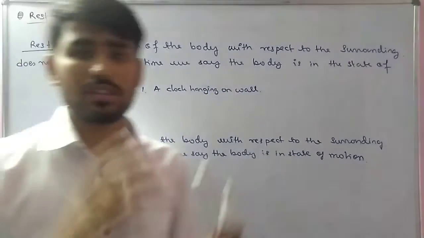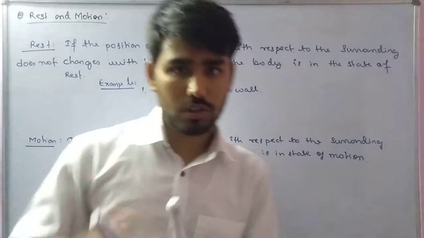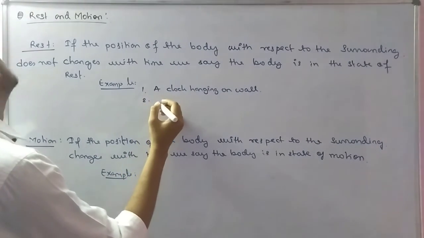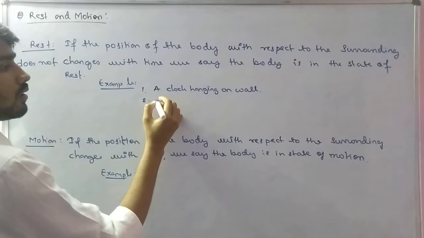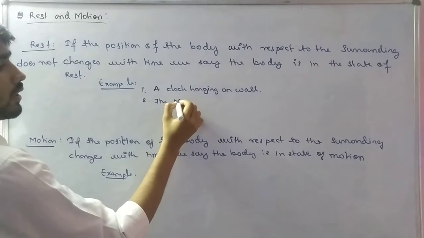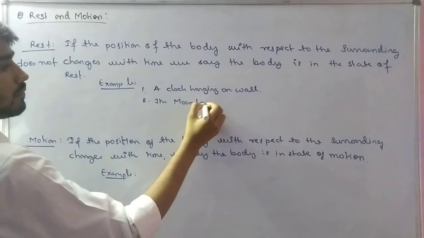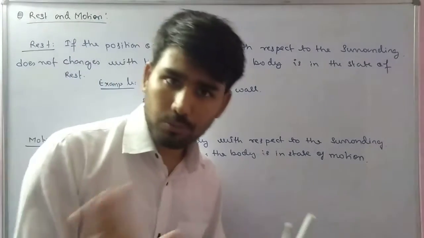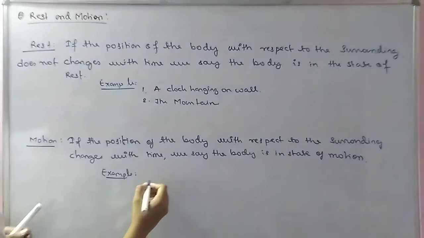The clock will always remain at rest. It will not move in position. Number 2, the mountain will always be in state of rest. It will never change its position.